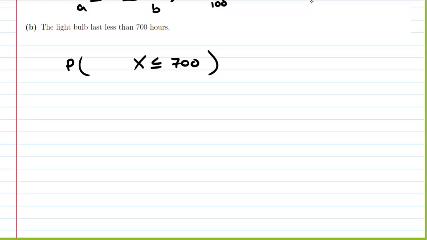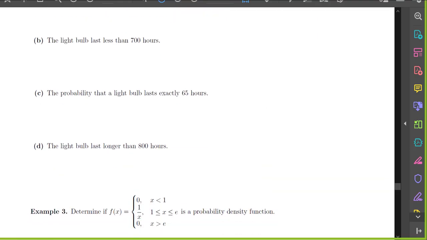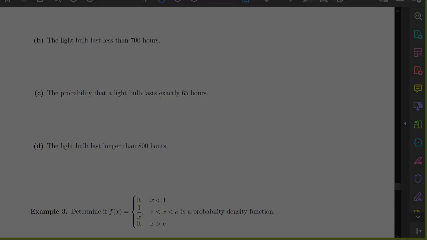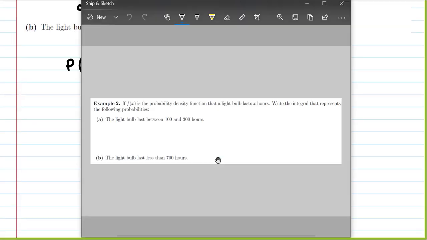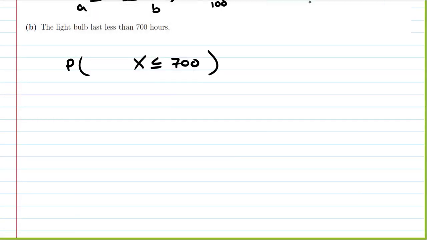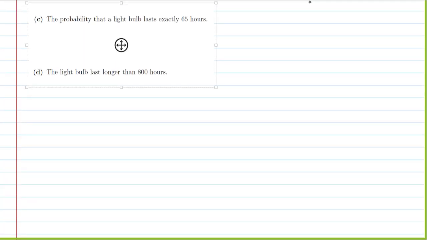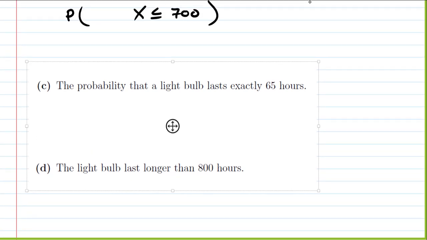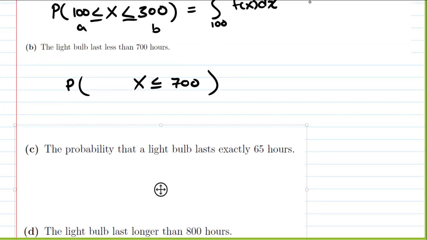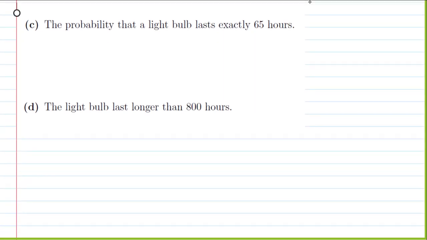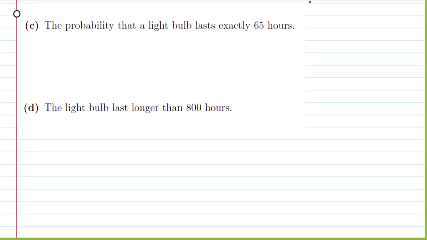All right. Let's take a look at our next couple. So let's take a look at C, because it asks a very interesting question. And this is one of the key differences between discrete probabilities and continuous probabilities. So we want to know, well, what is the probability that a light bulb lasts exactly 65 hours?